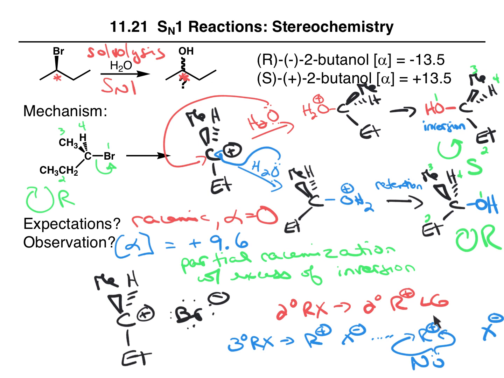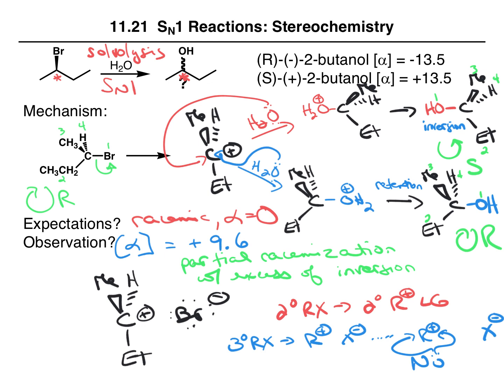So the more stable the carbocation, the longer it can exist, and so that gives more time for the leaving group to leave, and therefore more space for the nucleophile to add. So what you tend to see is with tertiary carbocations, you get more racemization, closer to 50-50 inversion and retention. With less stable carbocations, you get partial racemization with a huge excess of inversion.